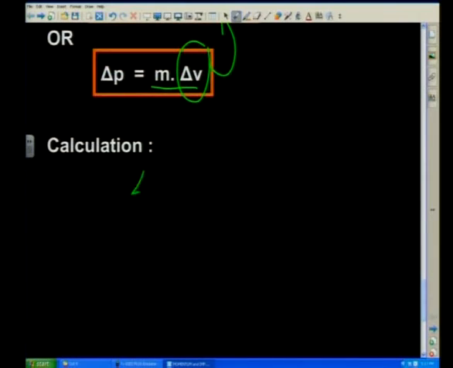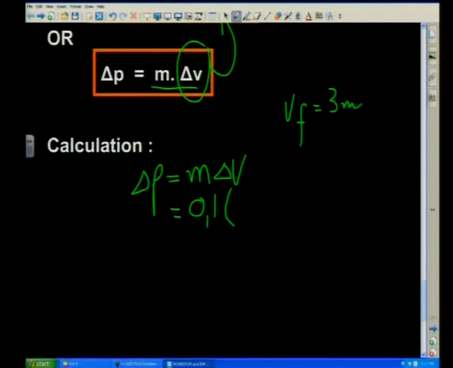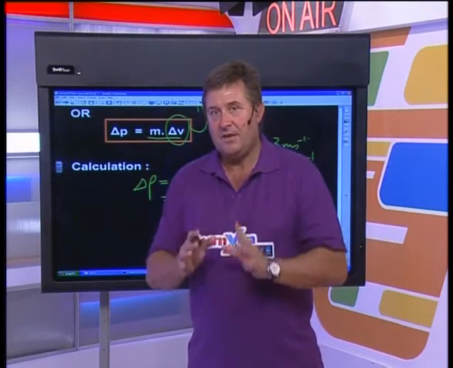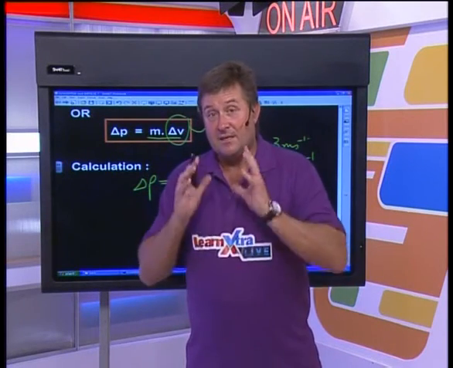So if delta P is equal to m delta v, we know that the mass is constant at 0.1. My final velocity is going to be 3 meters per second, and my initial velocity is going to be 5 meters per second.